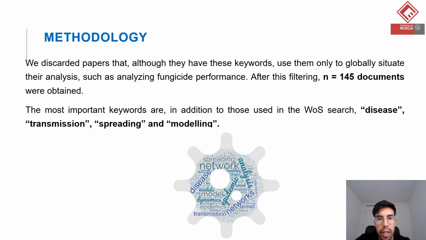A preliminary reading of the abstract was performed initially, followed by a more exhaustive reading of each article to verify that it met the established inclusion criteria. For example, we discard papers that, although they have these keywords, use them only to globally situate their analysis.